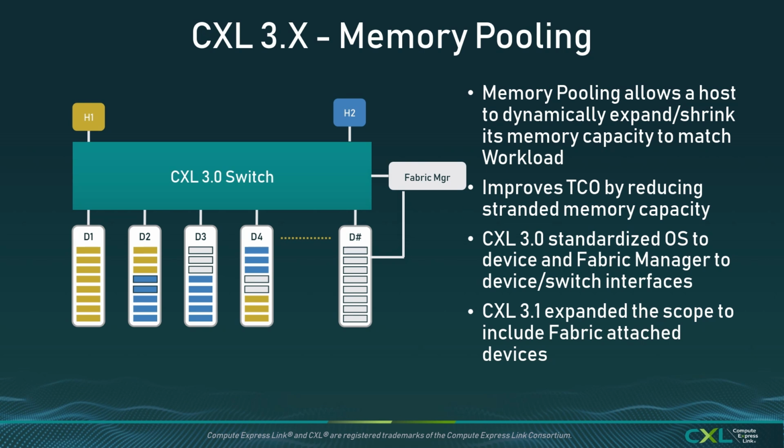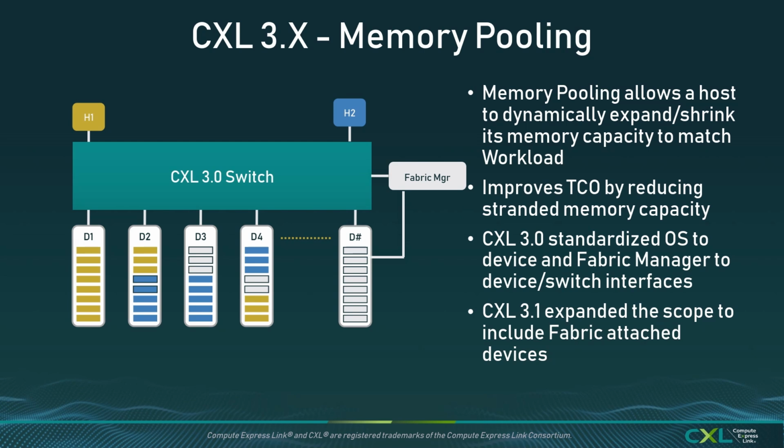So memory pooling avoids that by allowing the memory from one device to be allocated to multiple hosts. As you can see in the picture, the device D2 has some pages assigned to H1, host 1, and some pages assigned to H2, host 2. If host 1 demands more pages, it's possible to take pages away from H2 and give them to H1, pretty dynamically, pretty quickly.